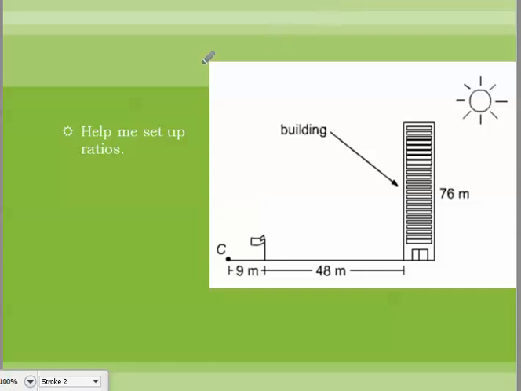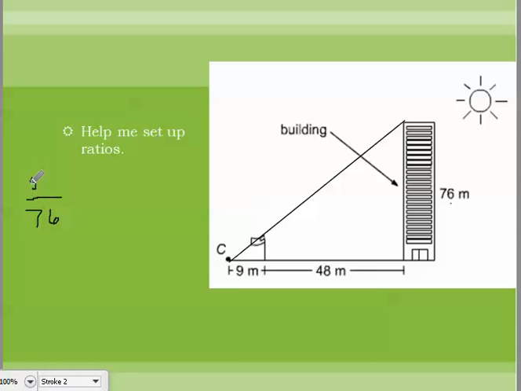Okay? Here's another example of a problem you might face. If I've got a building and the shadow of the building goes right through that flag right there to hit the ground, and I'm trying to figure out how tall the flagpole is. I know my building's 76 meters high. I know that the building is how far away from that into the shadow?